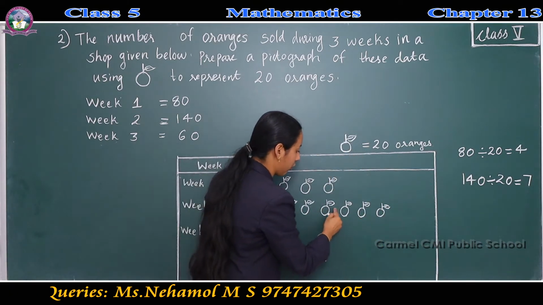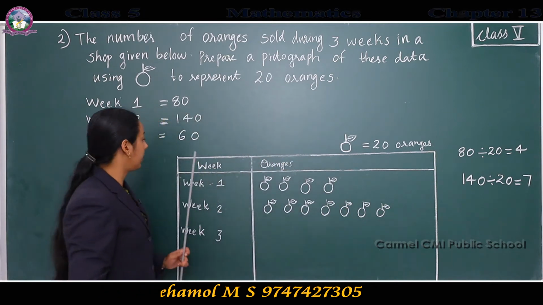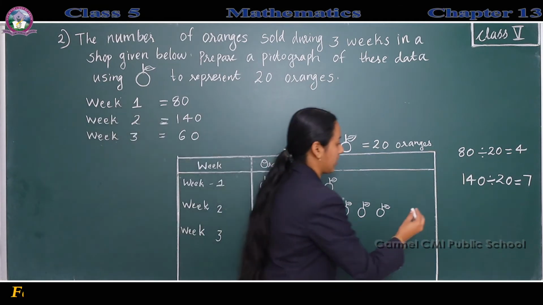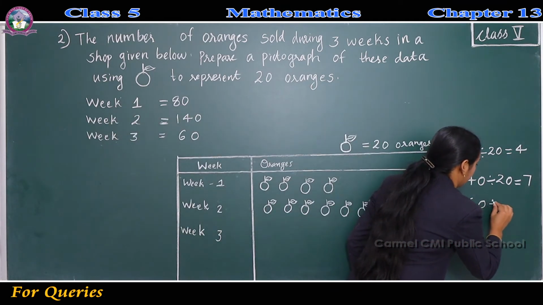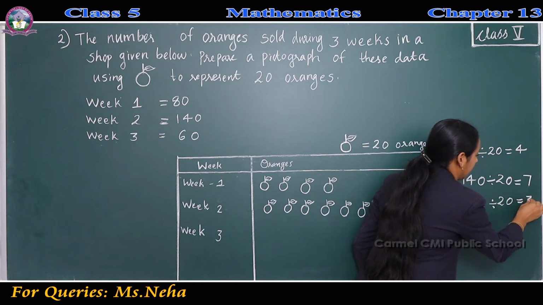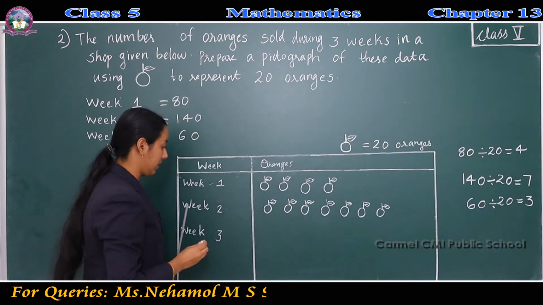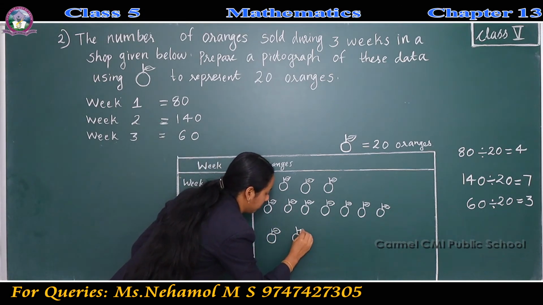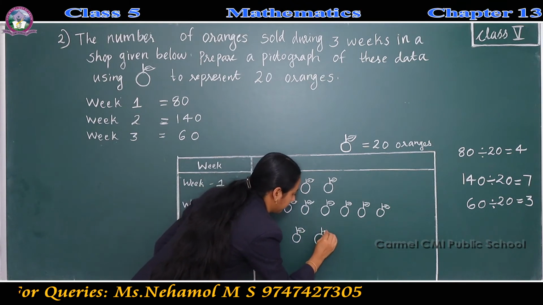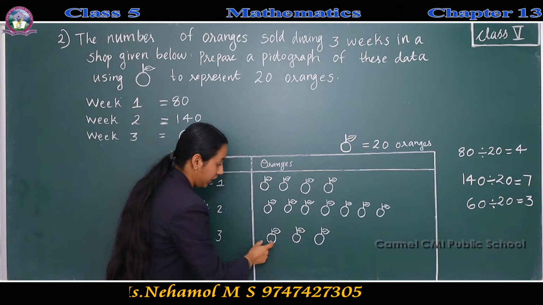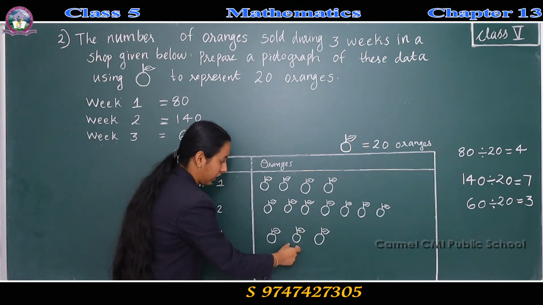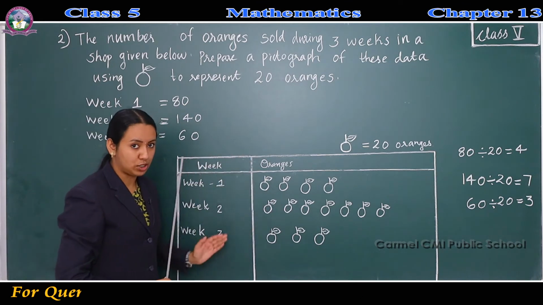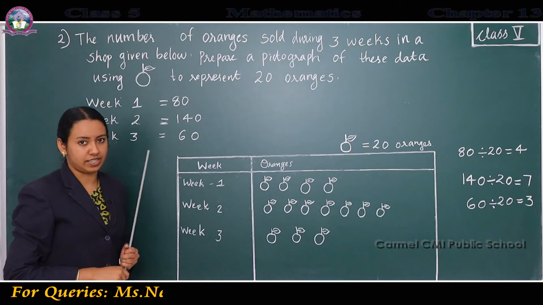Then next one, week 3, 60 oranges. 60 by 20 is 3. So we have to draw 3 pictures. 1, 2, 3. 20 plus 20, 40. 40 plus 20, 60. So this is the pictograph of the given data.